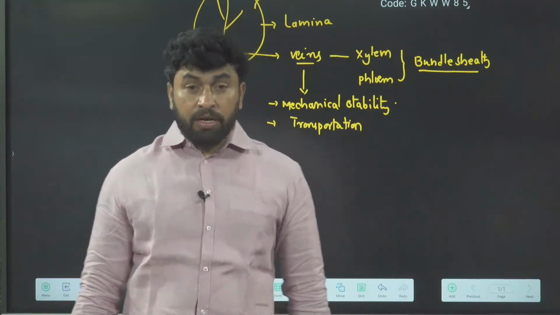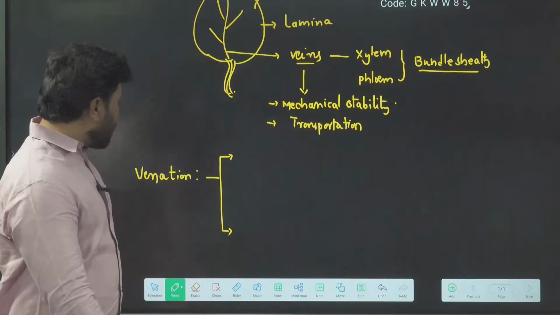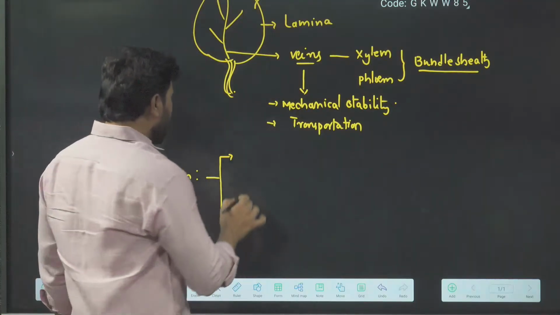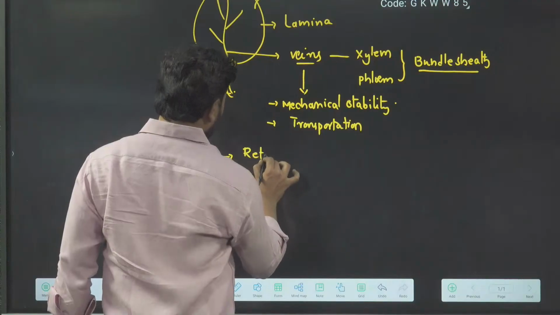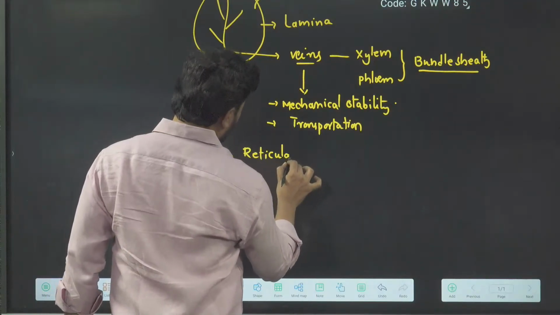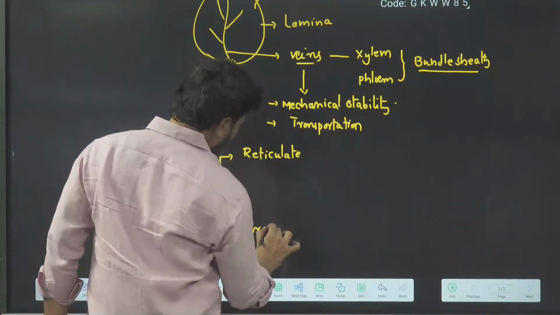I am talking about venation concepts given in the NCERT book. There are two main varieties of venation: reticulate, and the next one, parallel venation.